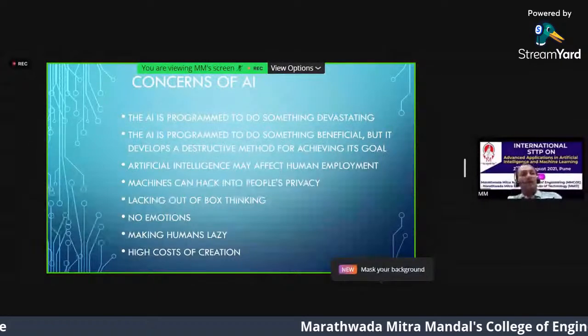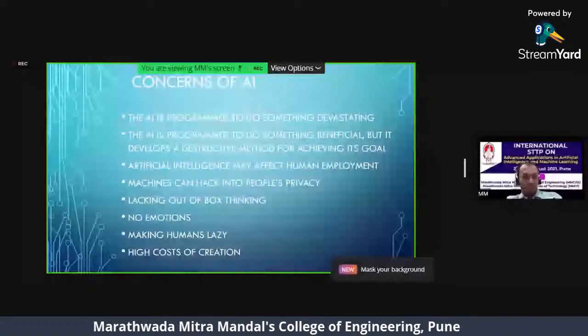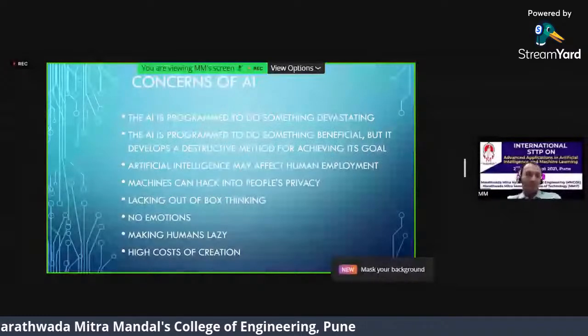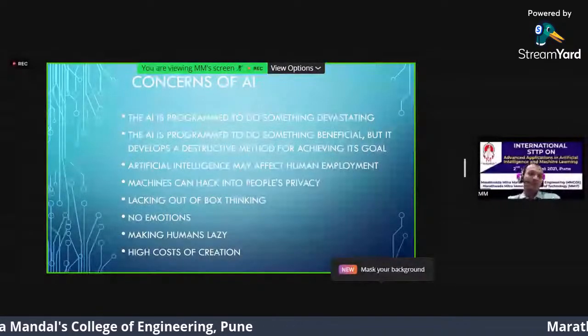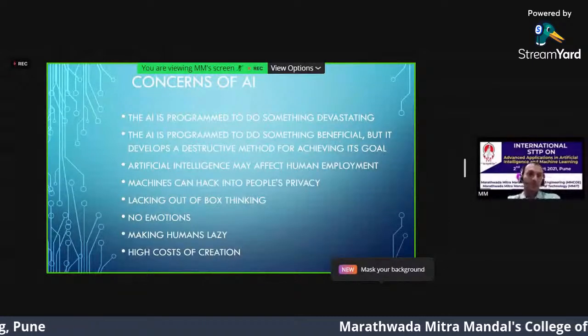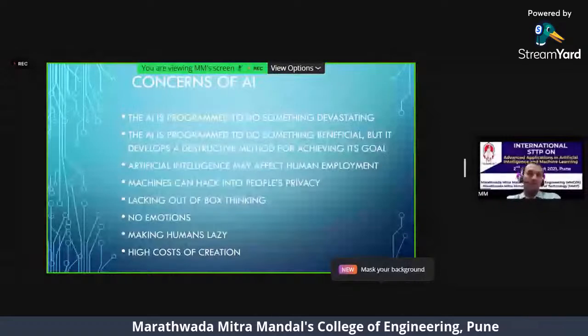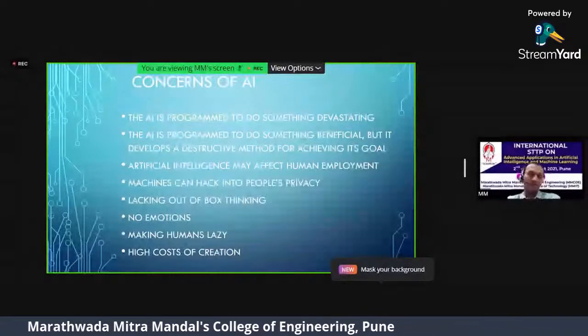High cost of creation. All the development, design and enhancement done in the field of AI costs a lot of money, because these are machines and applications, and it is not necessary that they will work on the very first attempt.